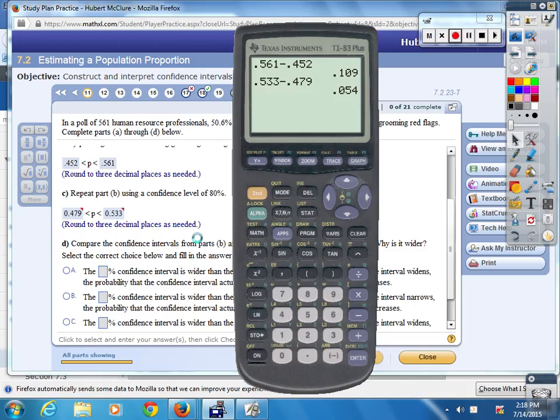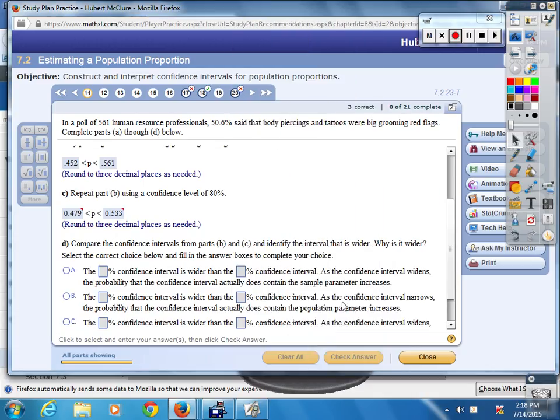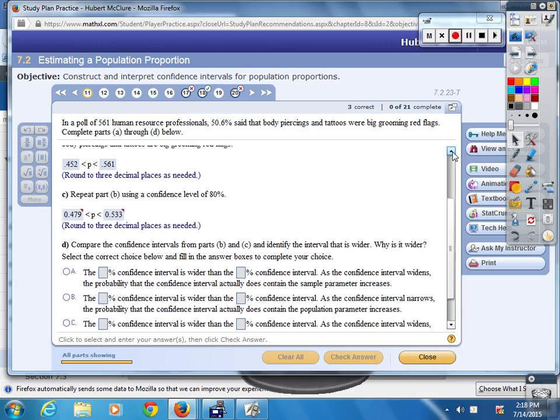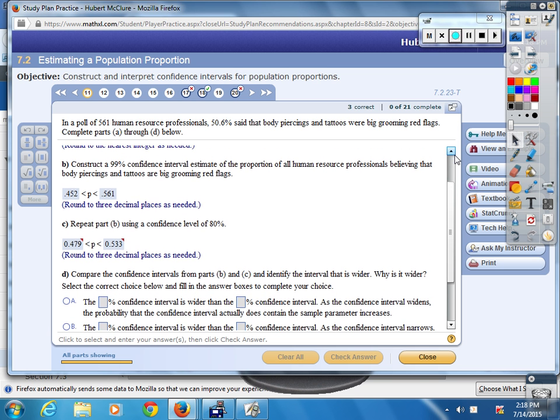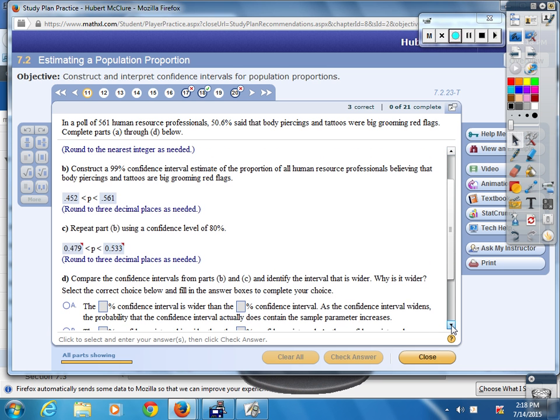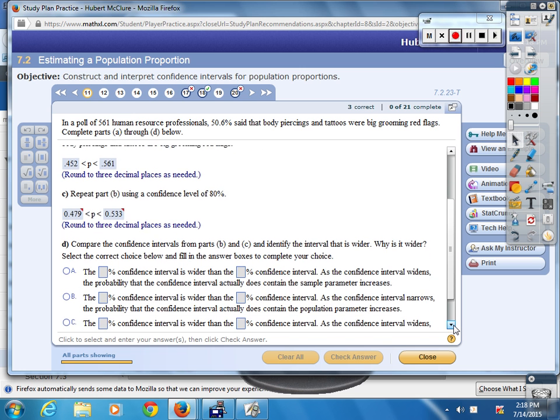You have to do that because one drops 3% and this one adds 3%, so it's kind of hard to tell which one's wider unless you do it in the calculator. So, all right, we agree that this one is wider. The 99% interval is bigger than the 80% confidence level interval.